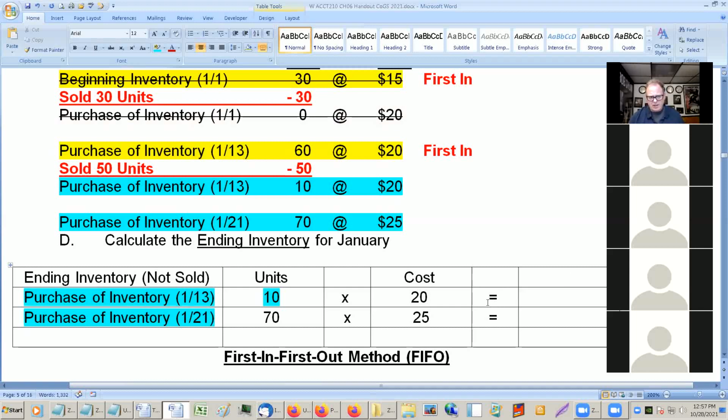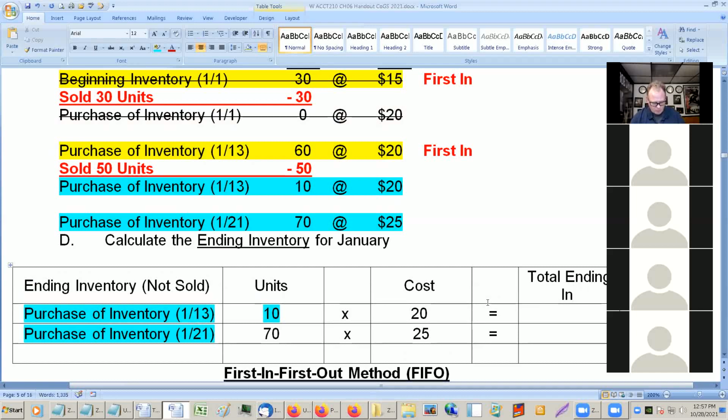And this would be the total cost of the ending inventory. Ten times 20, 200. 7 times 25 is some number I should know, but it's not popping in my head. 1,750.